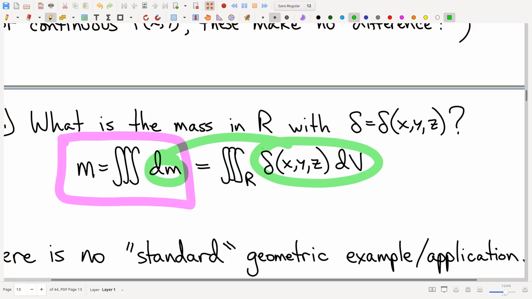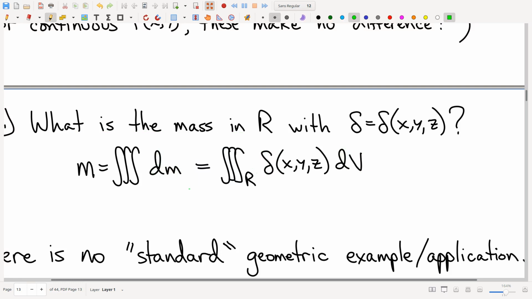Mass is equal to what times volume? Well, mass per unit volume, aka density. Yeah? Okay. Cool. And then notice, we're in business now. We have a triple integral, and now we just have to figure out how to compute triple integrals, and we'll get to that momentarily.